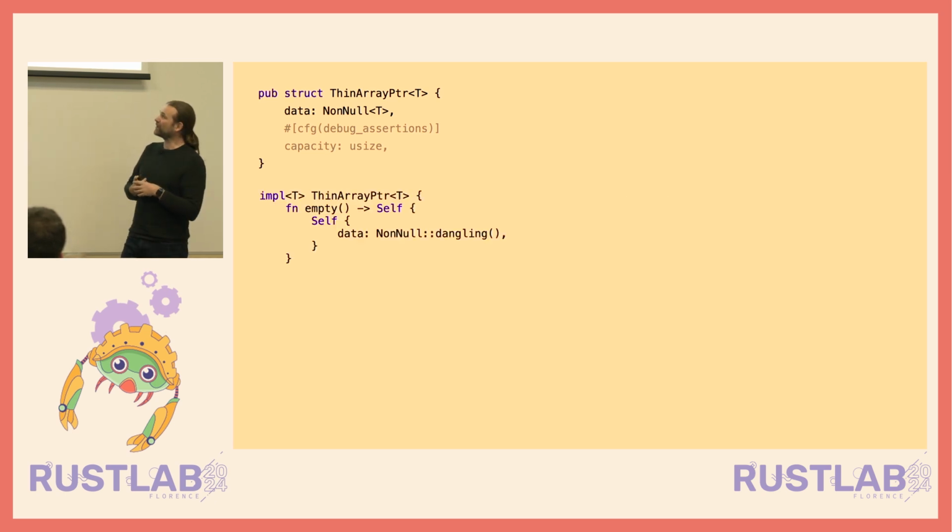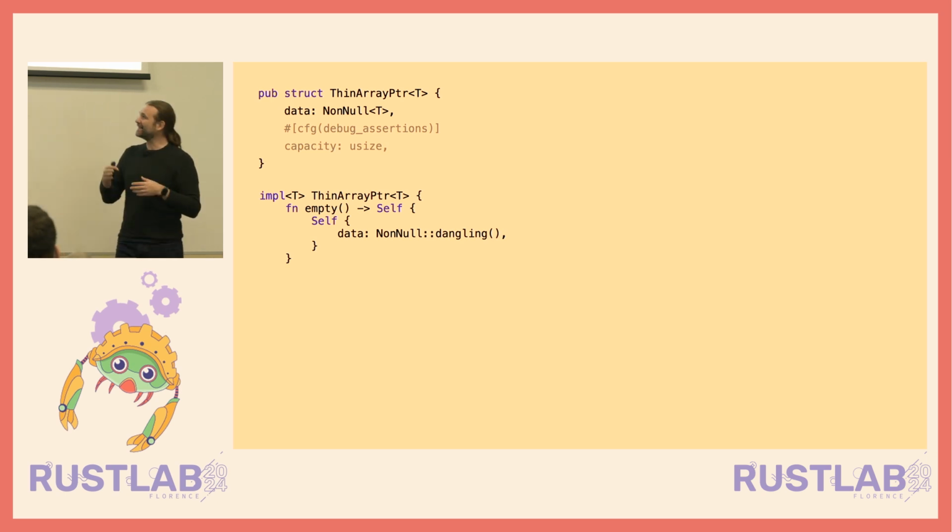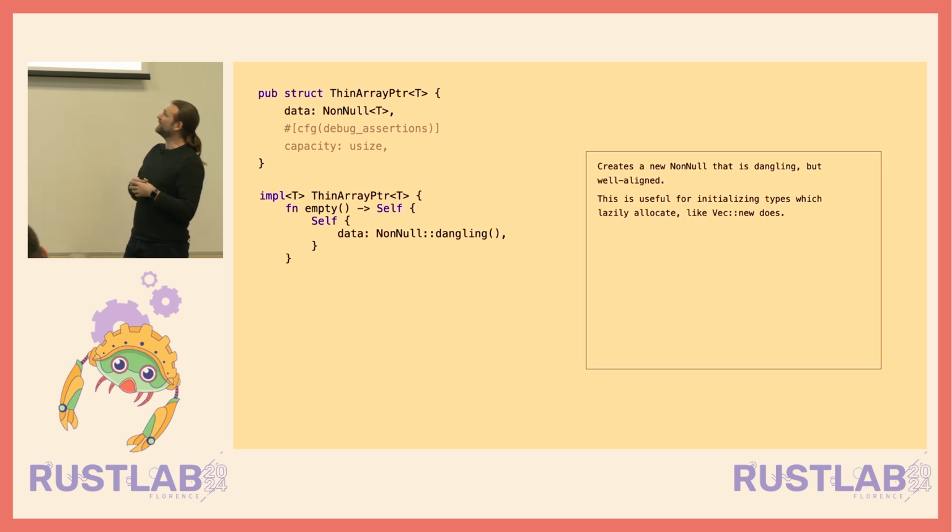Okay. When we look at the impl block, the first method that comes to mind, and this totally violates Ed's coding guidelines because it's the helper function before the actual function, is this method called empty, which creates a ThinArrayPtr where the NonNull is still a dangling pointer. If you look at this NonNull::dangling function, it tells us that it creates a pointer that is dangling but well-aligned.